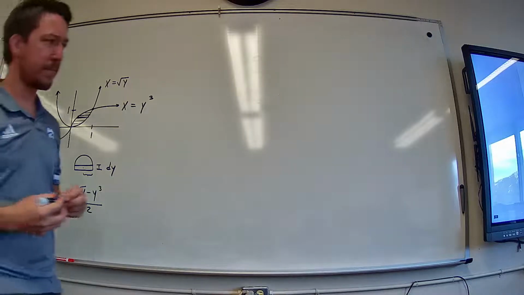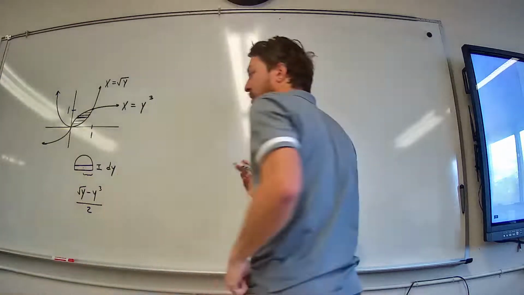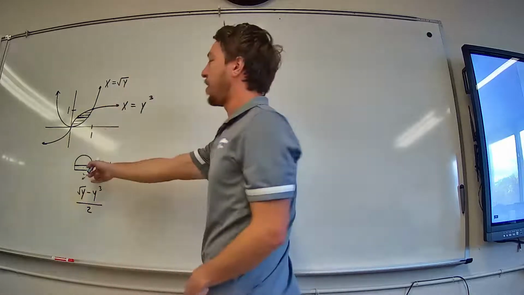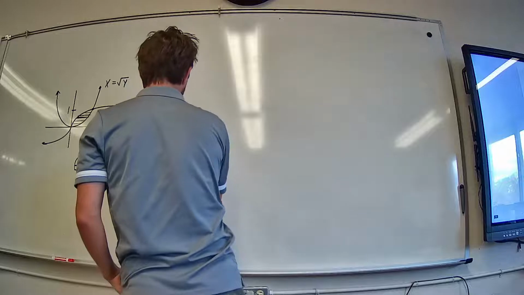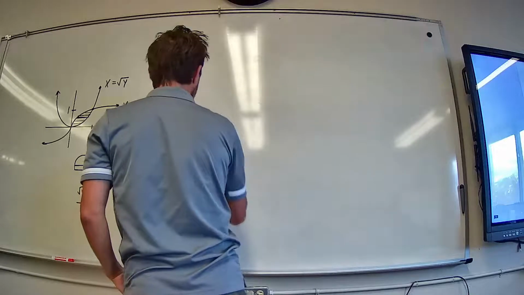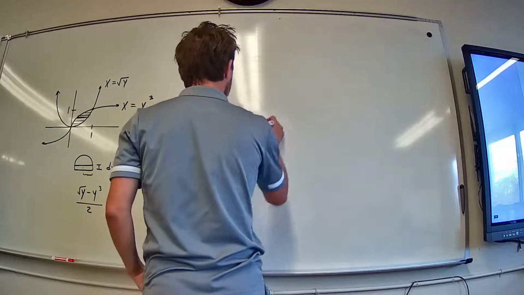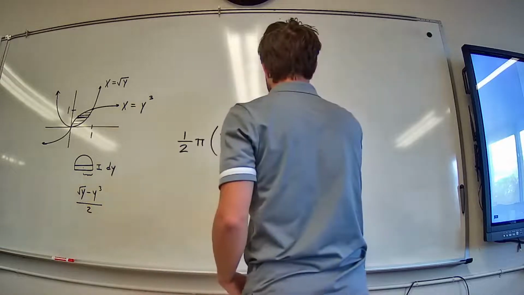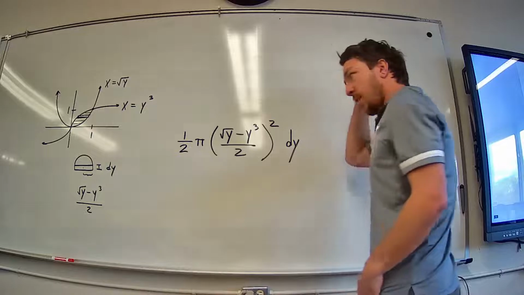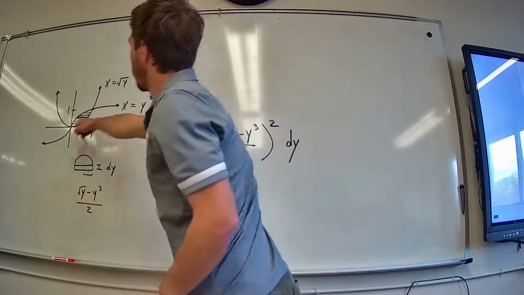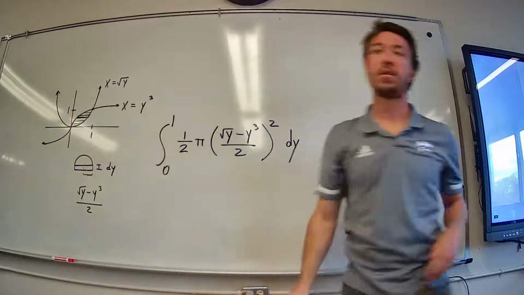How are our feelings about that? Good. The volume of this slice is 1/2 of pi r squared times thickness. And we're integrating from 0 to 1.